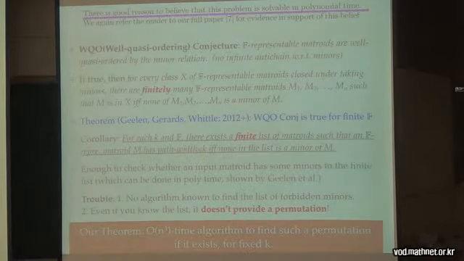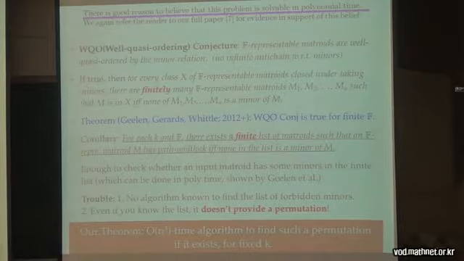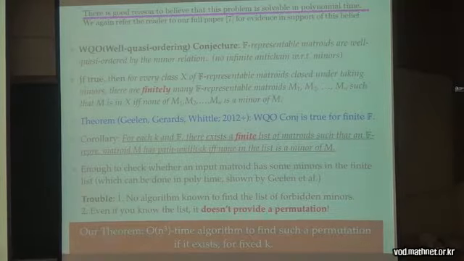But I'm fixing k, so k is constant. Yes, k is constant, so the algorithm will be really slow if k is big. But still, if you're interested in testing whether trellis width is less than 100, then you can use it, because 100 is constant.